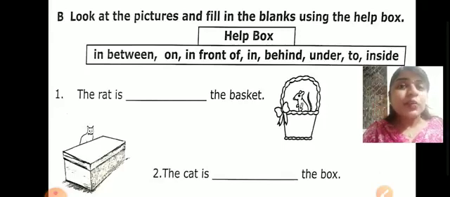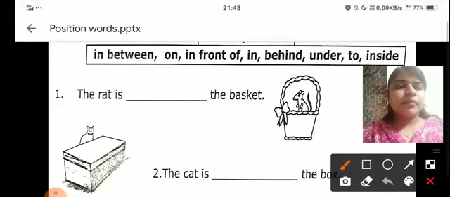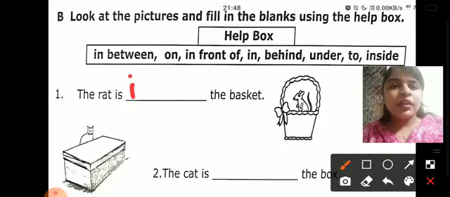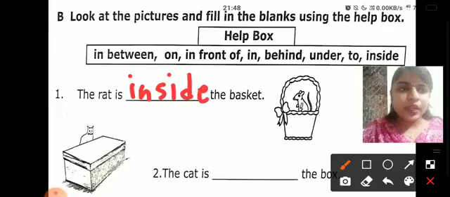What is the answer? You're going to write inside. So write it down with me. I-N-S-I-D-E. Inside. Okay, children? Done? Next one.